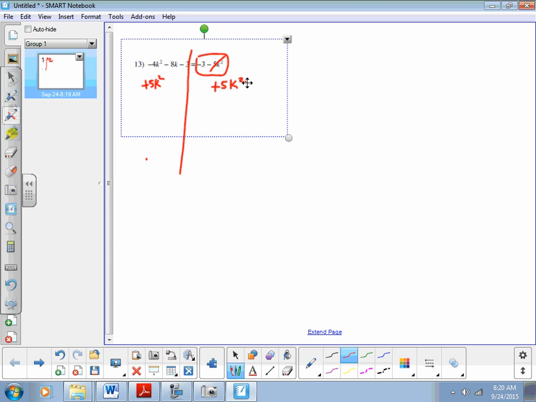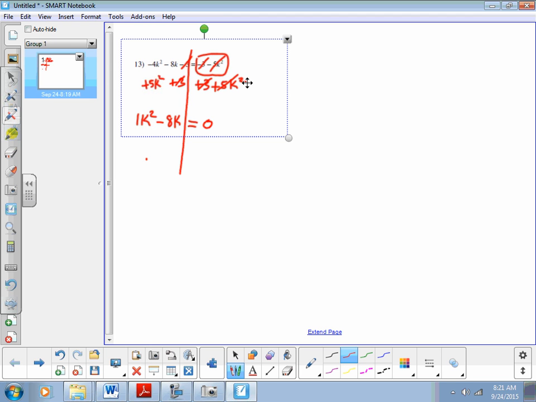When you do those, it's going to give you a positive 1k squared. And the negative 3 has to be a positive 3 added to both sides. Notice those terms cancel out completely. And all you're left with is a negative 8k plus 0 equal to 0.